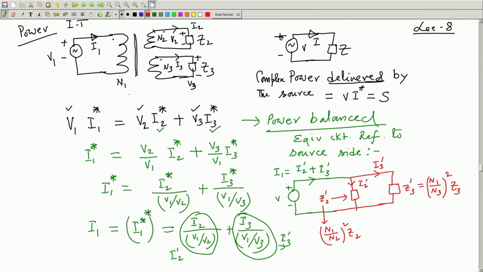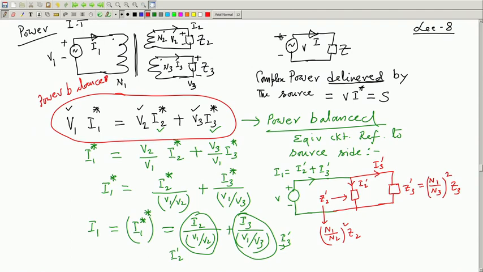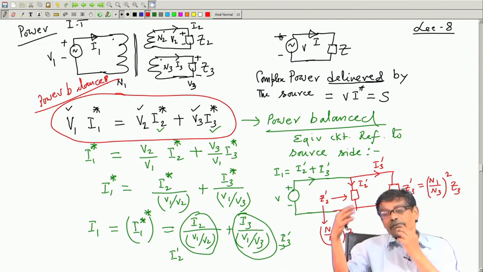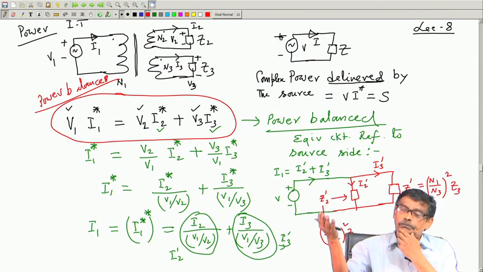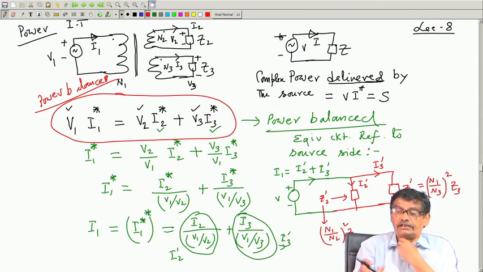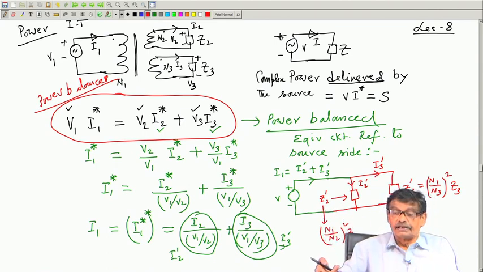So, this one is very useful, power balance. Try to use that. Power balance means complex power balance, both real and reactive power delivered by the source must be equal to the sum of the real powers delivered to Z2, Z3 plus the sum of the reactive powers. Based on that, this equation is written and you get everything.